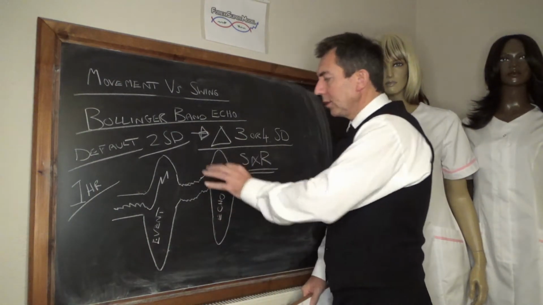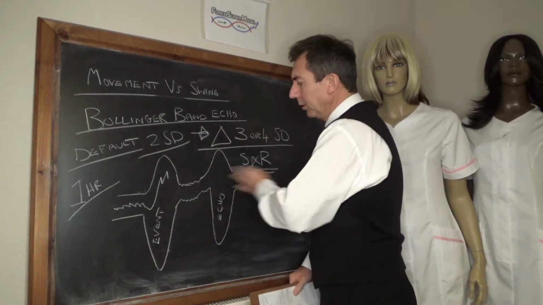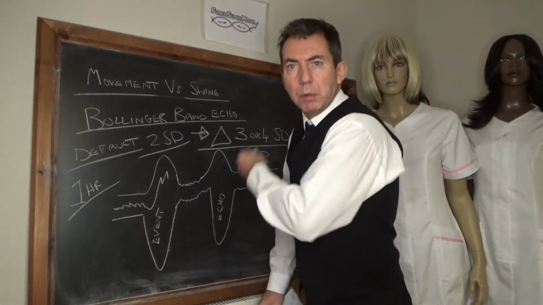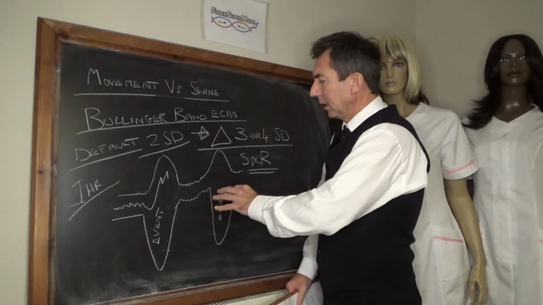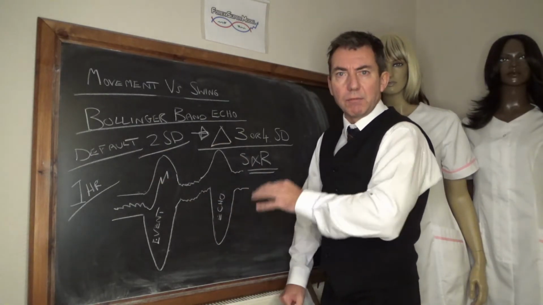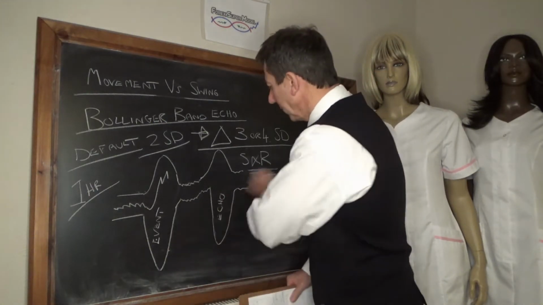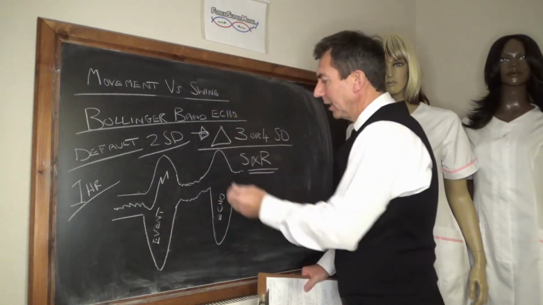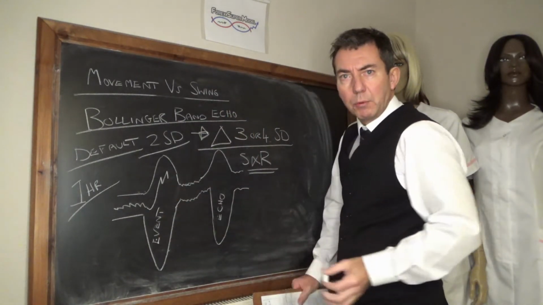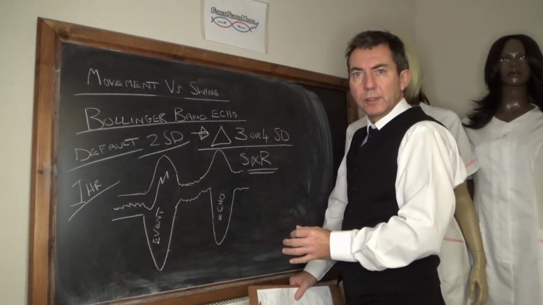There are a lot of technical reasons why you get this echo, but we needn't go into that. This whole Bollinger Band echo is several videos in itself, but let's not get tied up in it. Basically, what you're looking for is an event, and then you're saying to yourself, we're going to get an echo off this at some stage.